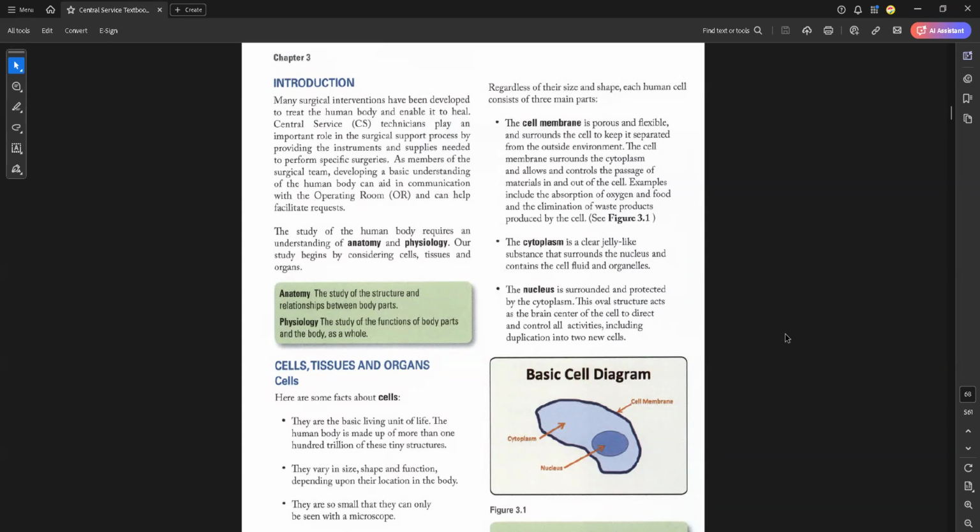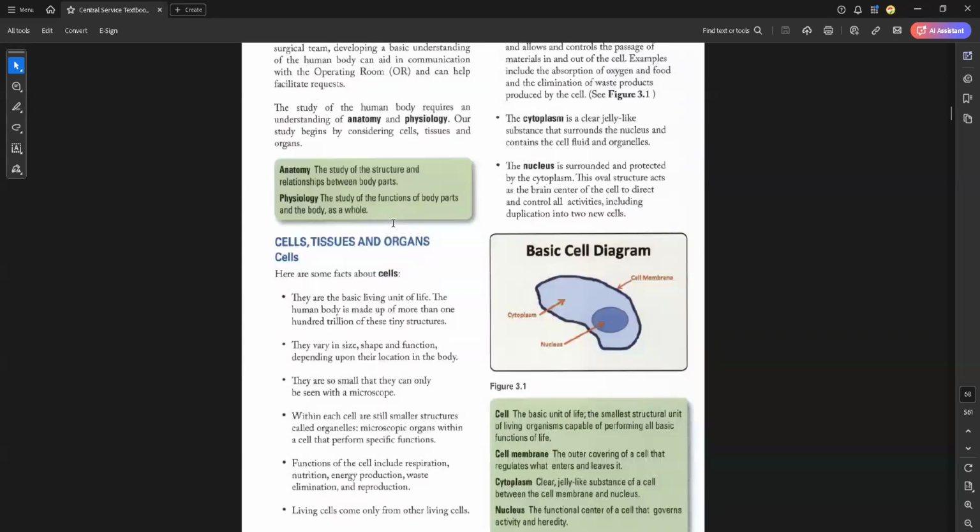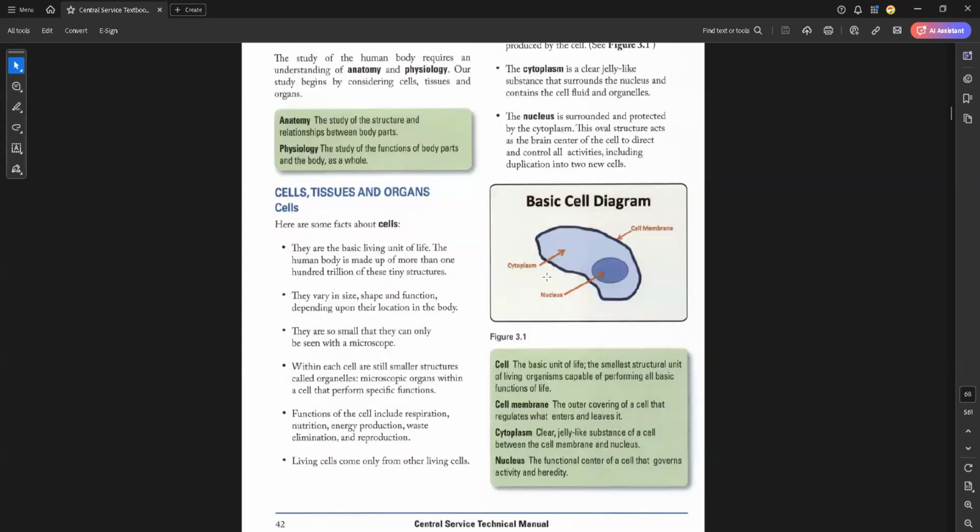So these are human things. Now, anatomy and physiology. We begin with cells. We have cells, tissues, and organs. And please, I want everyone to pay attention, because I'm going to tell you something very critical when it comes to the cells and tissues and organs before you go to the systems.